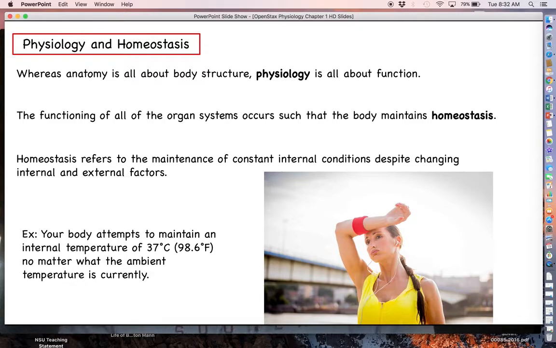If you want a specific example, and believe me, all throughout the semester we are going to see countless examples of homeostatic mechanisms in place. But to whet your appetite, let's consider your body temperature. Say you are like this woman in this picture down here.